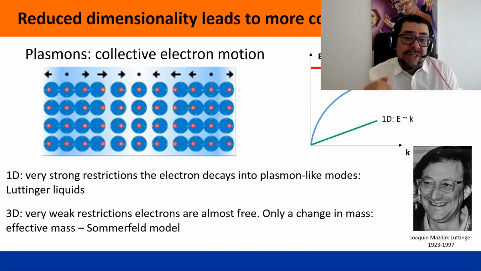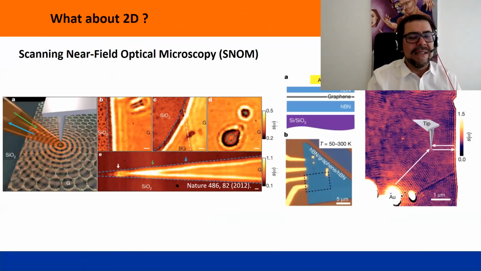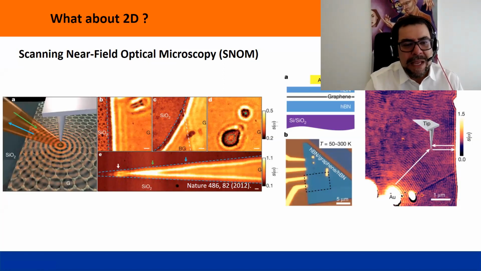Now, 2 dimensions, as I said, is exactly in between. And in fact, recently in 2 dimensions, we have been able to measure those plasma modes using a technique called scanning near-field optical microscopy, in which you take a very thin object, like the tip of an atomic force microscope, and then you shine light.